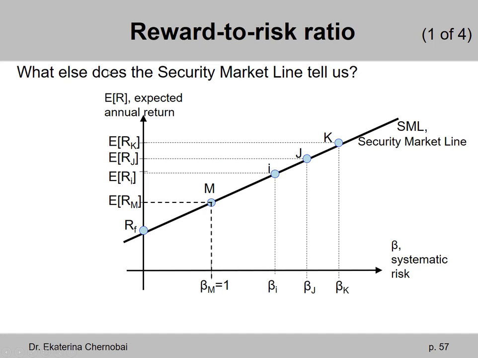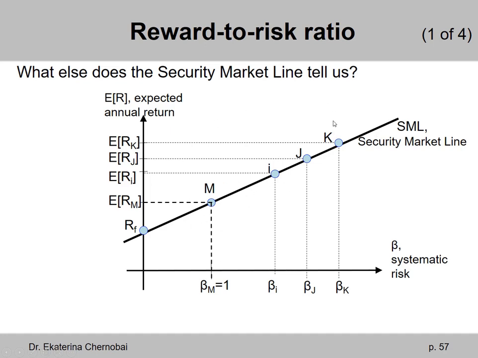Okay, what else does the security market line tell us? So we can basically place all company stocks somewhere along this line. This is the correct pricing. So the price per share stock is correctly reflecting the combination of risk and return that you will be getting when you buy the stock.